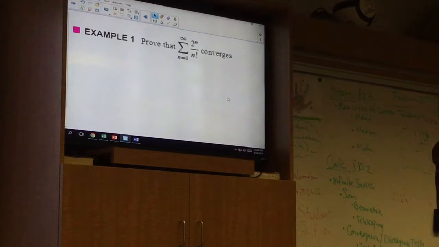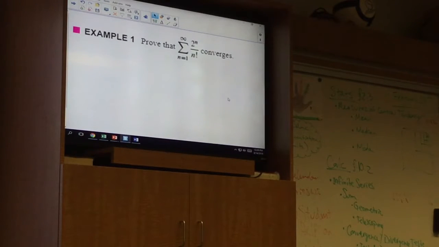And when n is 3, it'd be 2 times 2 times 2 over 1 times 2 times 3. So you just multiply by 2 over 3 here. The next one, you still multiply the numerator by 2, but now you're multiplying the denominator by 4. And then you're multiplying the numerator by 2 and the denominator by 5. So 2 over 6, 2 over 7, 2 over 8, 2 over 9.